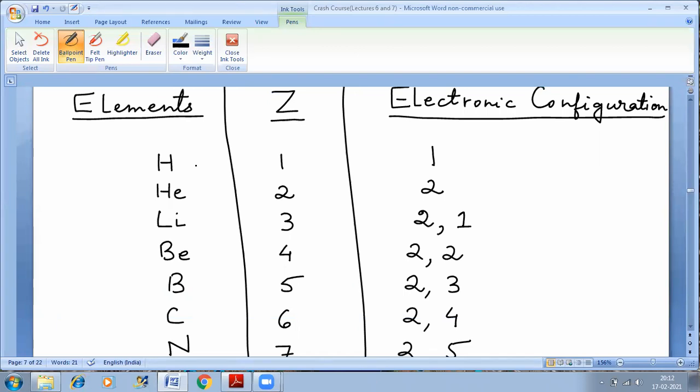Their atomic numbers are mentioned in the second column and their respective electronic configurations are mentioned. The first number is 2. That means there are 2 electrons in the first shell. Then you put a comma and the second number stands for the number of electrons in the second shell.